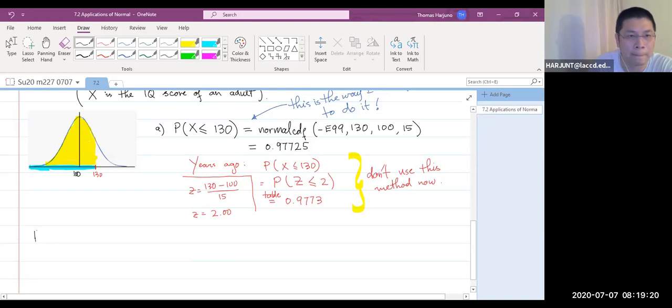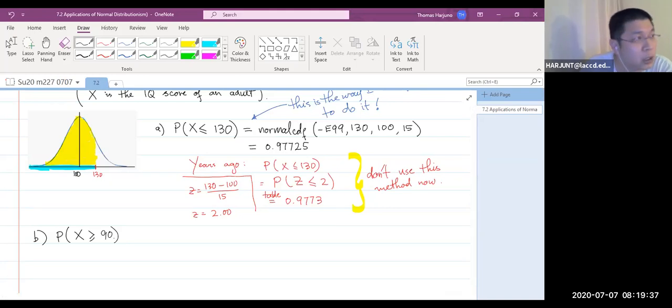Let's say part B. Probability that X is more than or equal to, let's say, 90. In words, I'll put more words later on, but right now let's see just the notation first, the calculator notation, and what it means on the density curve. Suppose X is the IQ score of an adult, then this is the probability that a randomly selected adult has IQ score at least 90.